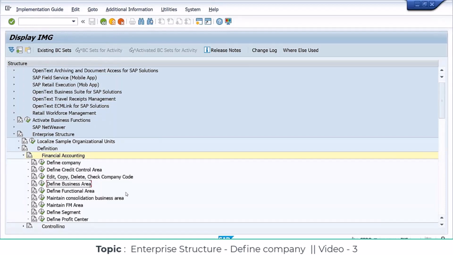Starting with the first one, where we go for creating a company. For which company you want to do the implementation, that company's details need to be stored over here. But in real time, as I mentioned, this activity will be taken care of by the FI person, not by SD. But we don't have an FI consultant, so we are trying to do all the configurations required.